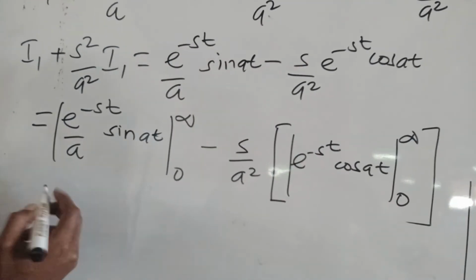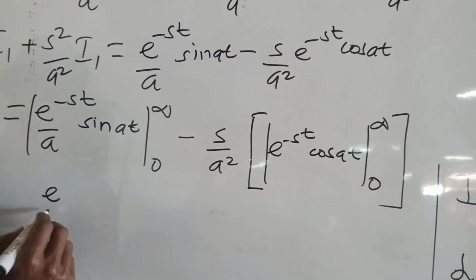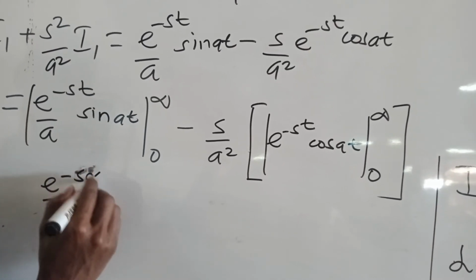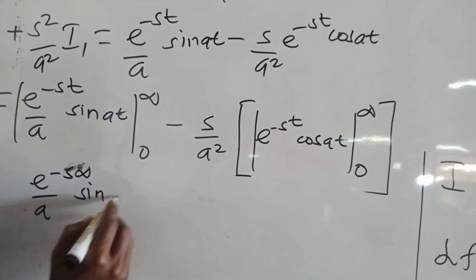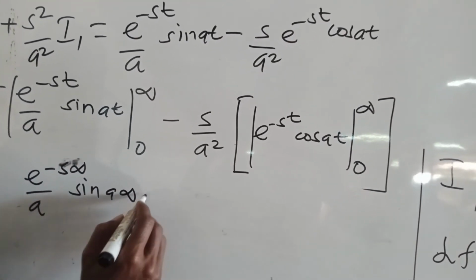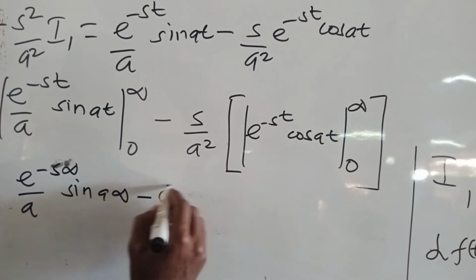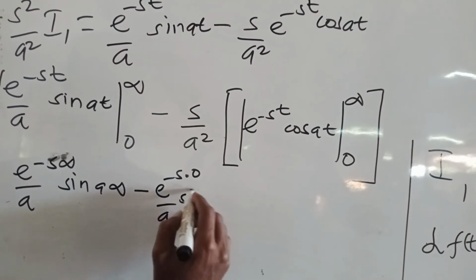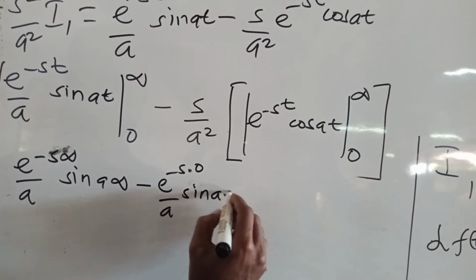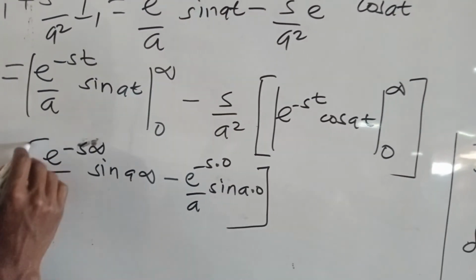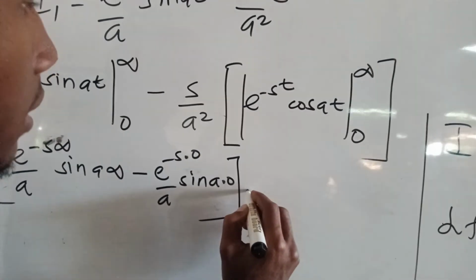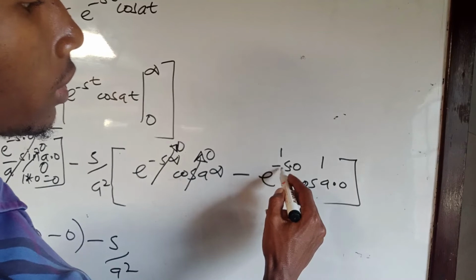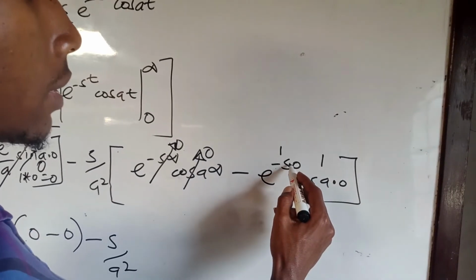We need now to do e over a, minus infinity, s infinity, sine a infinity. We subtract e minus s times 0 over a sine a times 0. That's how we express it, minus s over a squared e raised to negative s times 0.